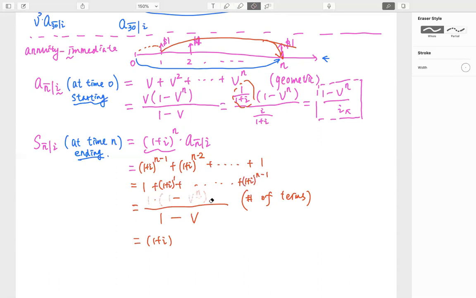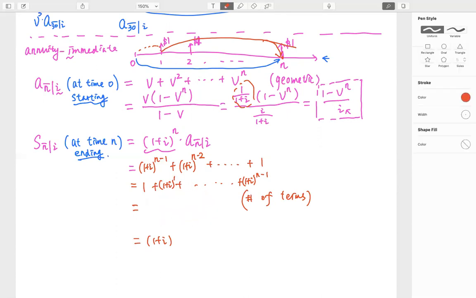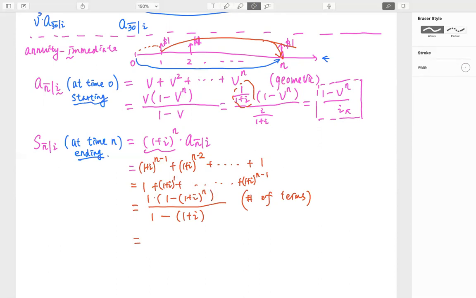So we just need to change a little of things down here. So it's 1 minus the common ratio. Common ratio is actually 1 plus i. So the first term is 1. 1 minus the common ratio to the power of n. Here, of course, we actually have a negative sign, but we can take out the negative for both.